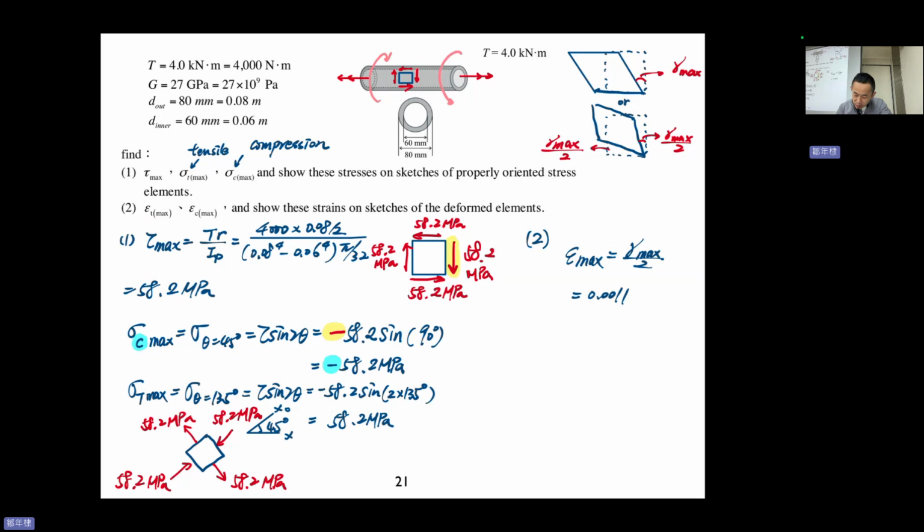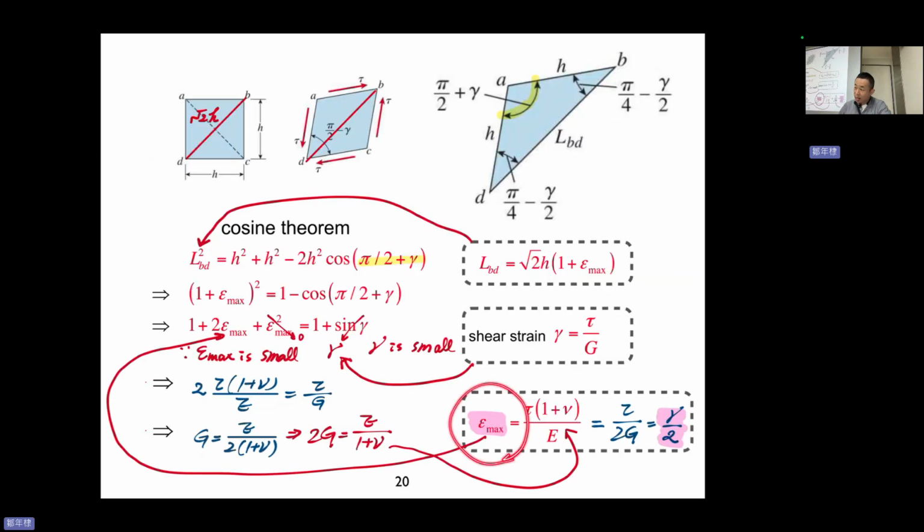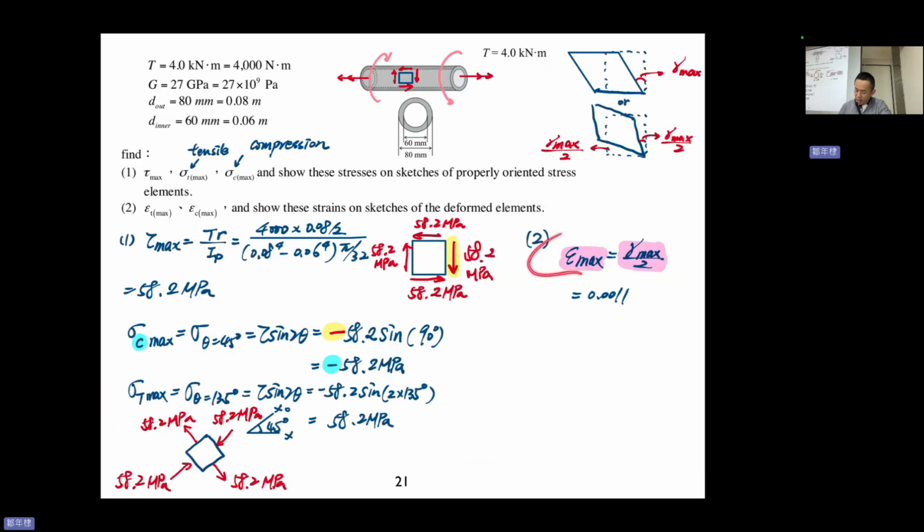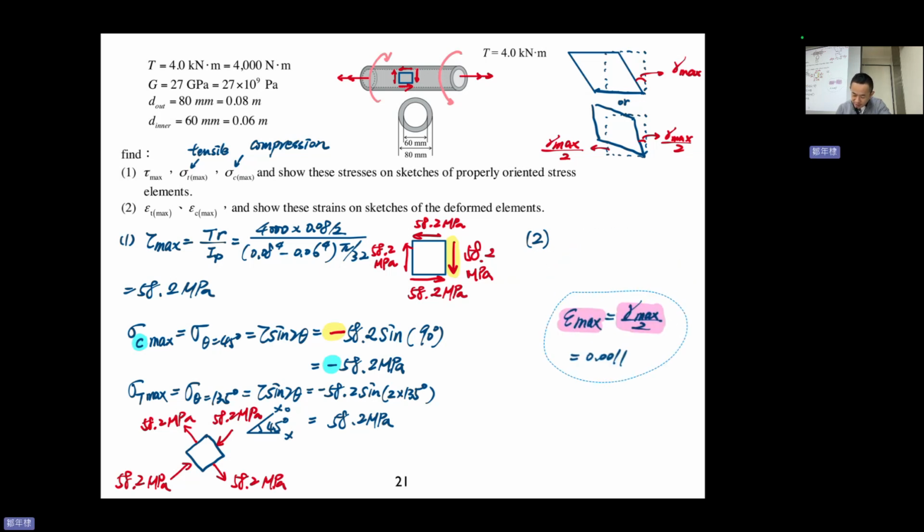If you forget what I'm talking about, I gave you a pink highlight, and you see the same pink highlight here, right? In the previous page. So pink highlight here. Epsilon max equal to 0.0011. Oh, and wow, sorry. I made it too quick. I jumped a little bit.